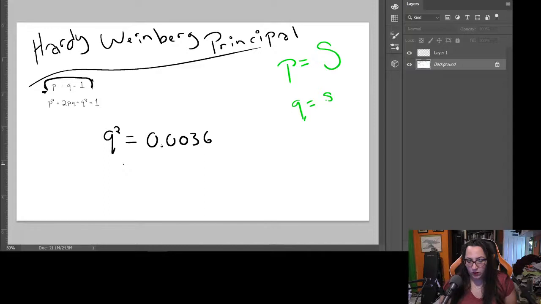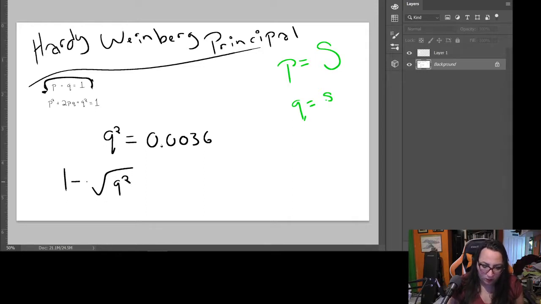And then we subtract that from 1, because we're going to move that to the other side of the equation. This will be 1 minus the square root of q squared, and that is going to equal p.